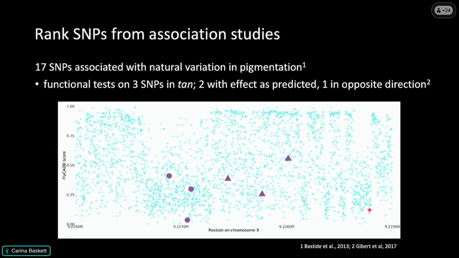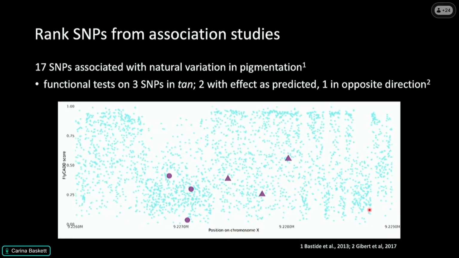But this is the case for a few other studies, and I want to highlight this one. This is a study on pigmentation. It's actually from this group, so I'm honored to tell you about this data. What they found is that they looked at different populations.